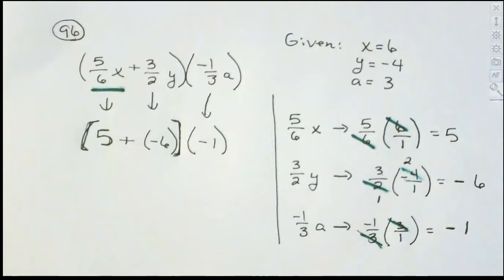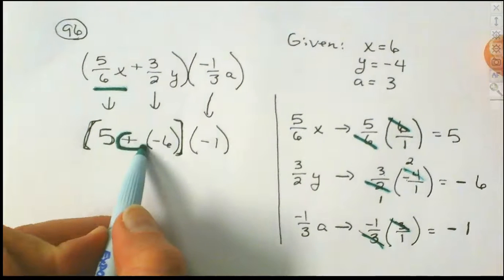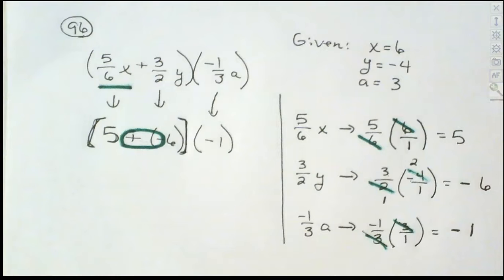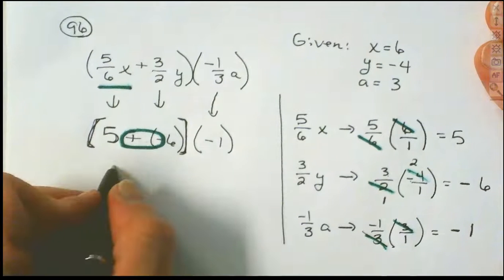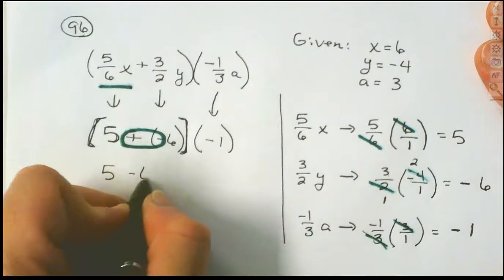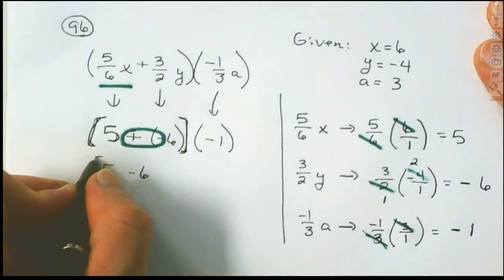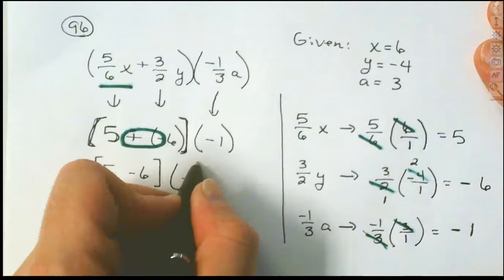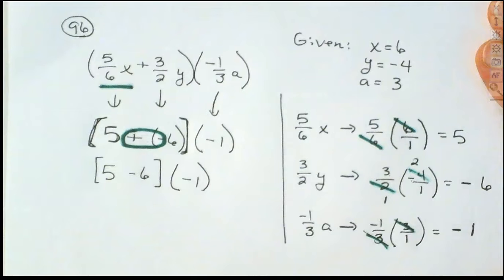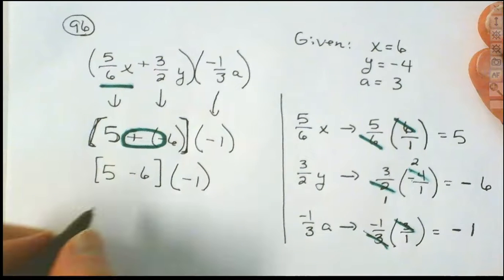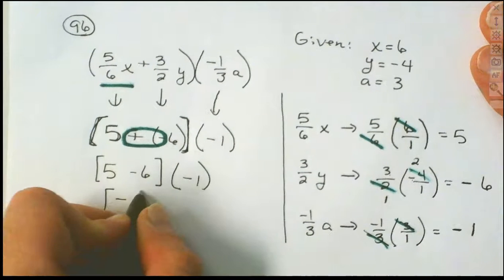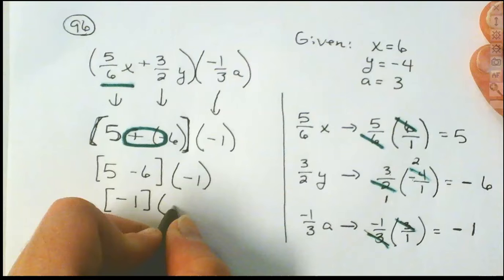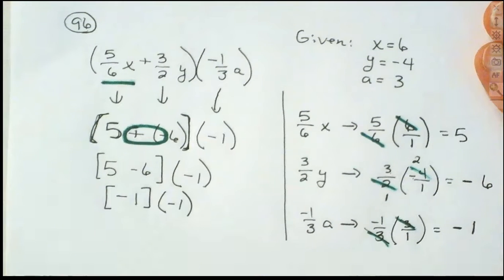So now we're back to this step. And what do we have? We have a positive and a negative here. So that's going to keep that negative. You can use square brackets or you can use parentheses, either one. And 5 minus 6, well, 5 minus 6 is a -1. Square brackets are the same as parentheses. And so what do we have left now?